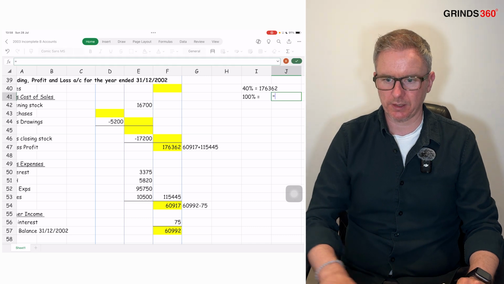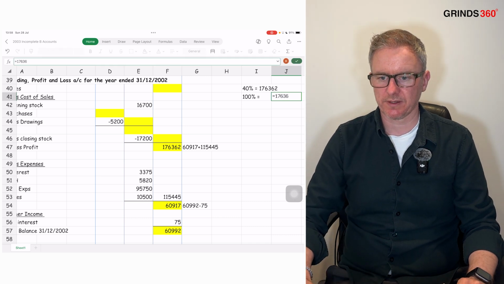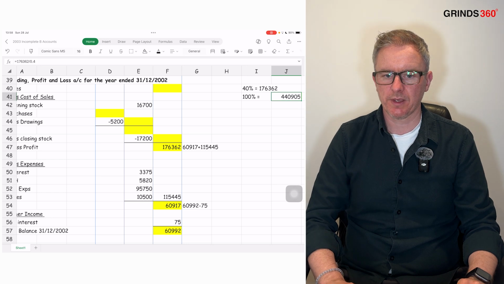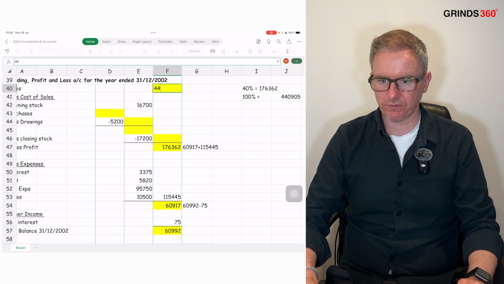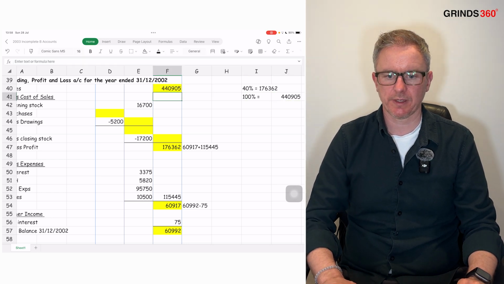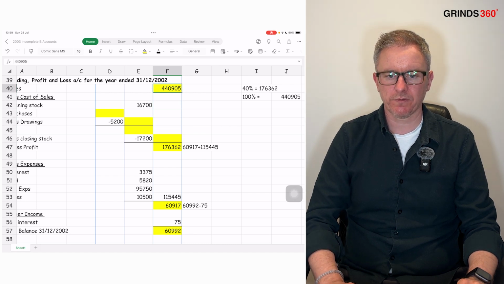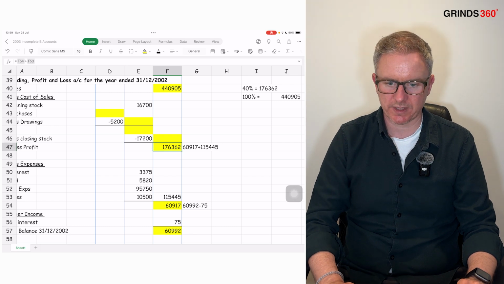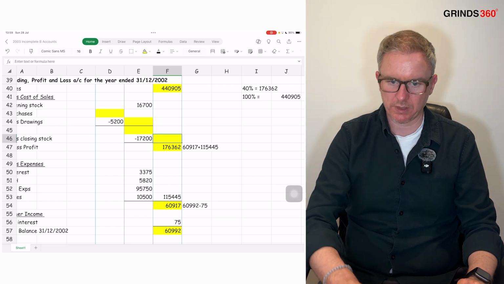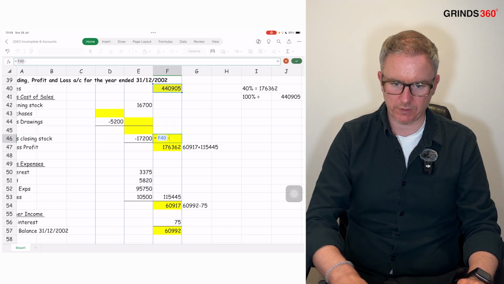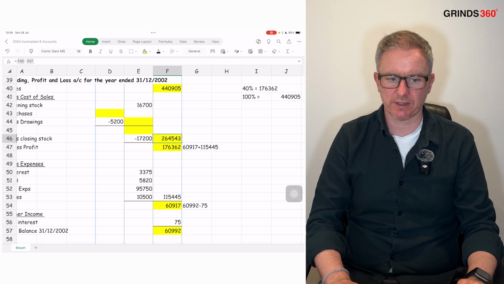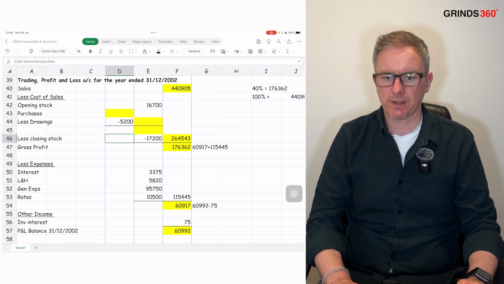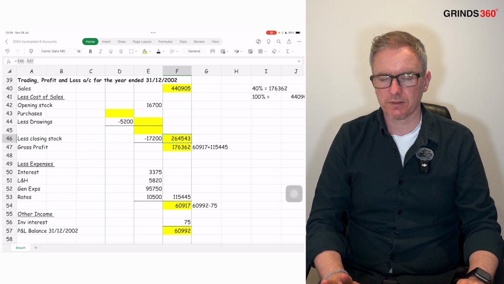So we take our 176,362 and divide it by 0.4. So our sales figure is 440,905, and now we can work out the rest. So 440,905, subtract your cost of sales, you get 176,362. So I can subtract and figure out what the cost of sales was. 264,543.